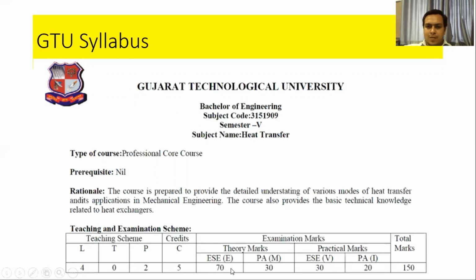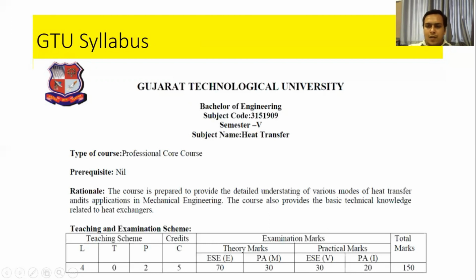Progressive assessment is 30 marks. Practical evaluation is divided again into two parts: one is the ESE, the semester examination of viva, which is also conducted by the external examiner appointed by GTU, and 20 marks of internal progressive assessment for lab work. So the total evaluation of this subject is 150 marks.